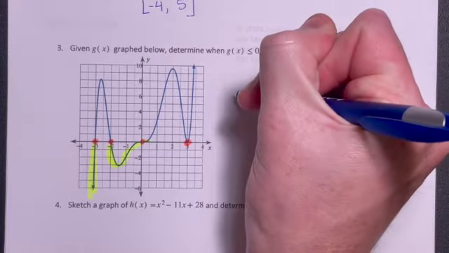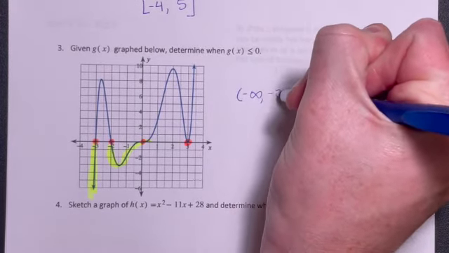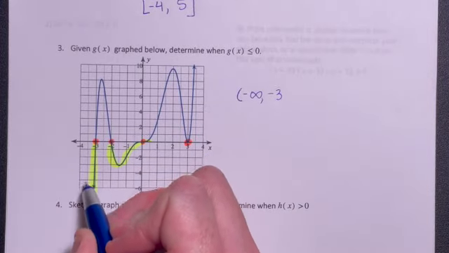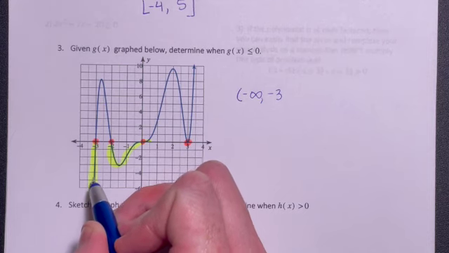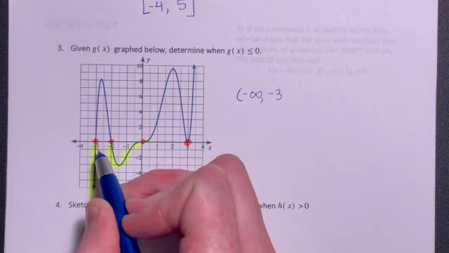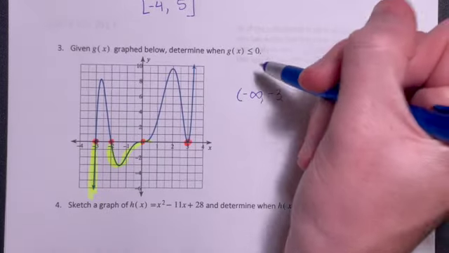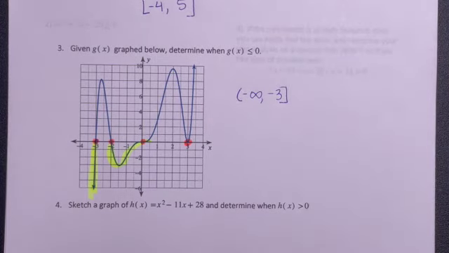For this one, we can see it's happening from -∞ all the way up to -3. So all of these x values would have outputs below the x-axis, so we're below 0, until we get to -3. Now when we're at -3, we are equal to 0, so we're going to include -3.